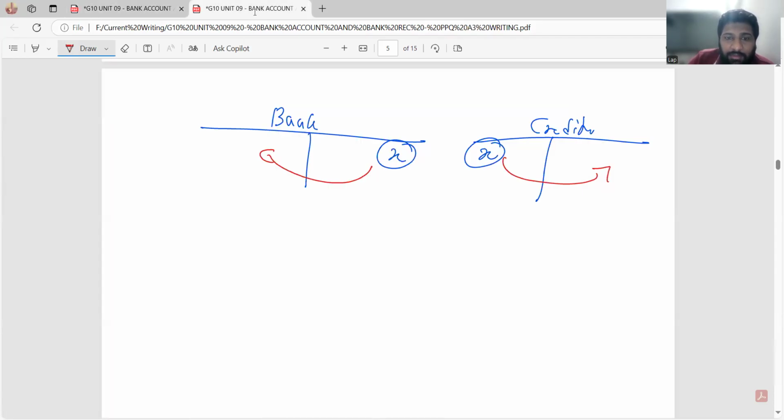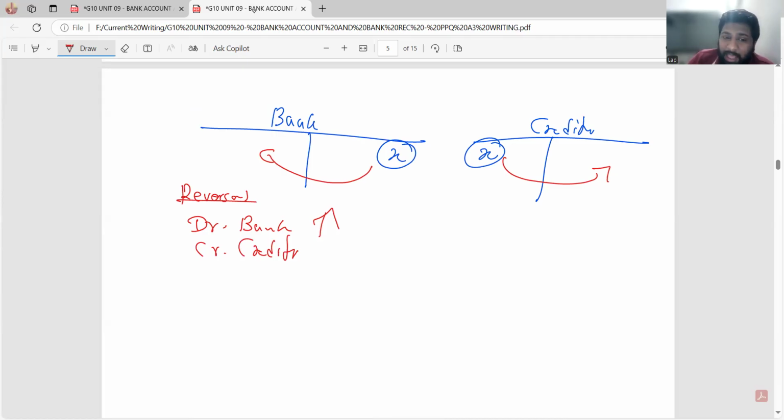Yes, correct. If there is a dishonor, we will put it to the debit side of the bank. Reversal, because of the check rejection, debit the bank. Bank debit means we should increase the balance. Credit the creditor.